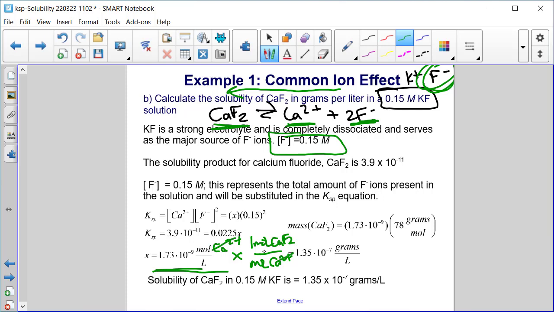And that gives us the moles of calcium fluoride per liter. Once I know that, I can find the mass of calcium fluoride by multiplying by the molar mass, 78 grams per mole, and I get 1.35 times 10 to the minus 7 grams per liter. So the solubility of calcium fluoride in 0.15 molar potassium fluoride is 1.35 times 10 to the minus 7 grams per liter.